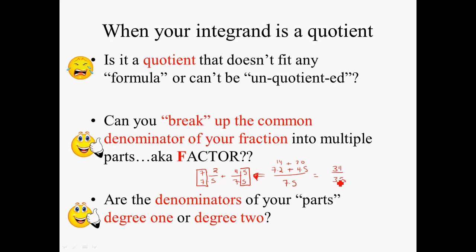Can you go from 34 over 35 all the way back to the original 2/5 plus 4/7? That's what's at the heart of breaking up a fraction into its multiple parts, right? Taking 34 over 35 and breaking it up into its parts.